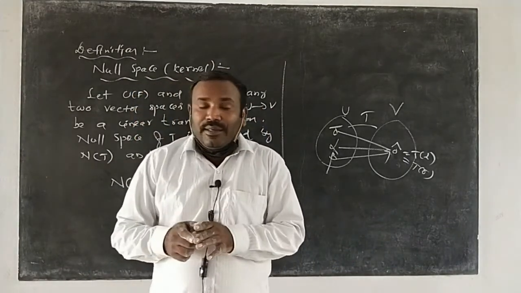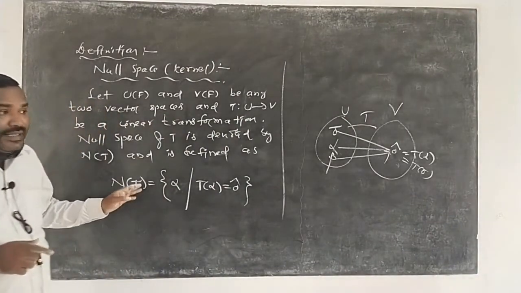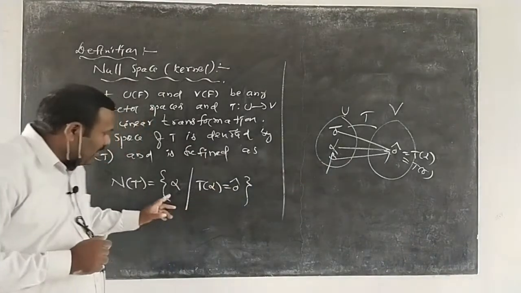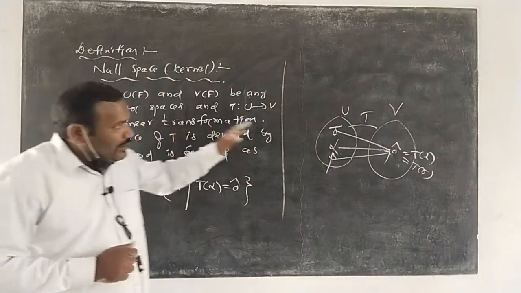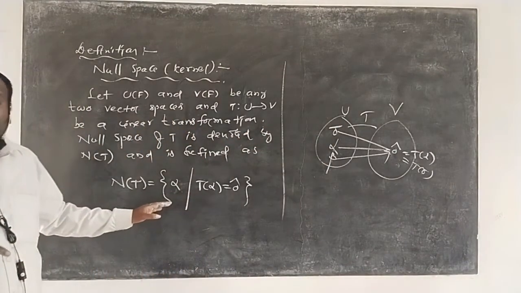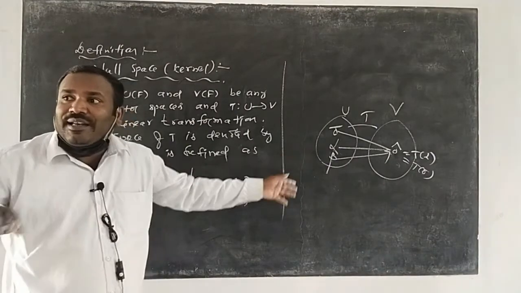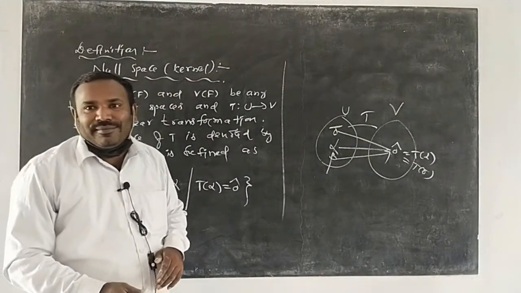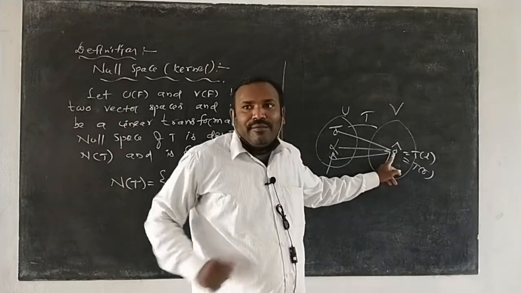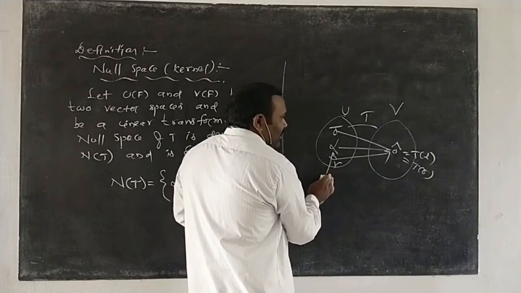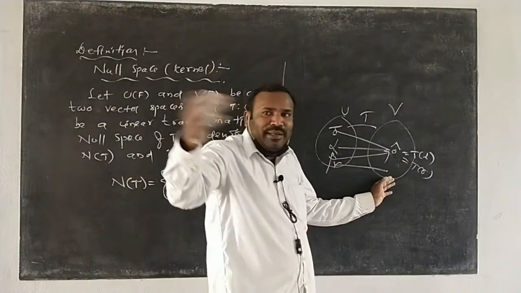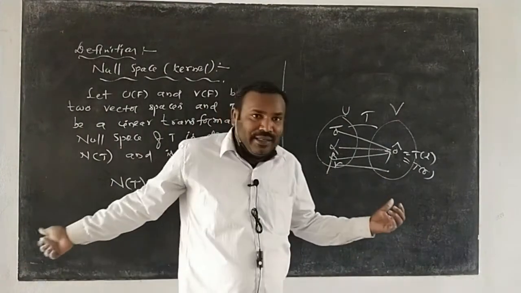That means the elements of N(T) are elements of U. It is a set consisting of those elements of U which are assigned to 0 cap. If there is a vector gamma that is not assigned to 0 cap, but goes to some other vector, can you write gamma in N(T)?